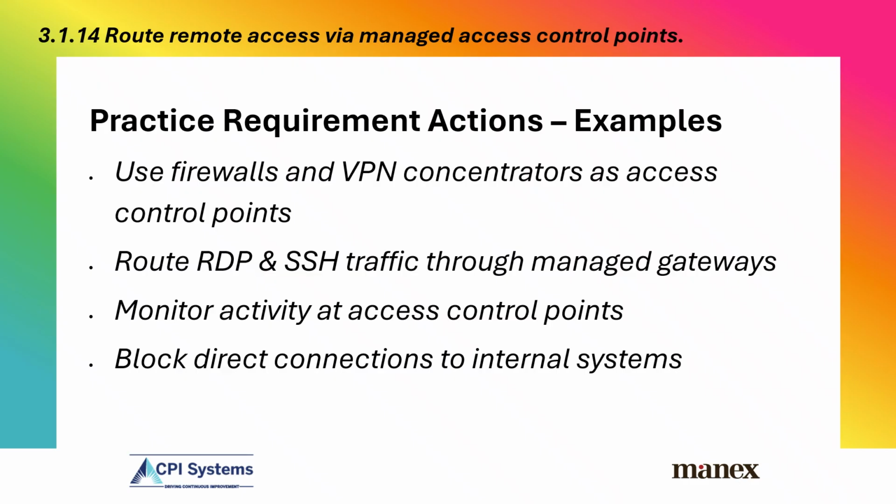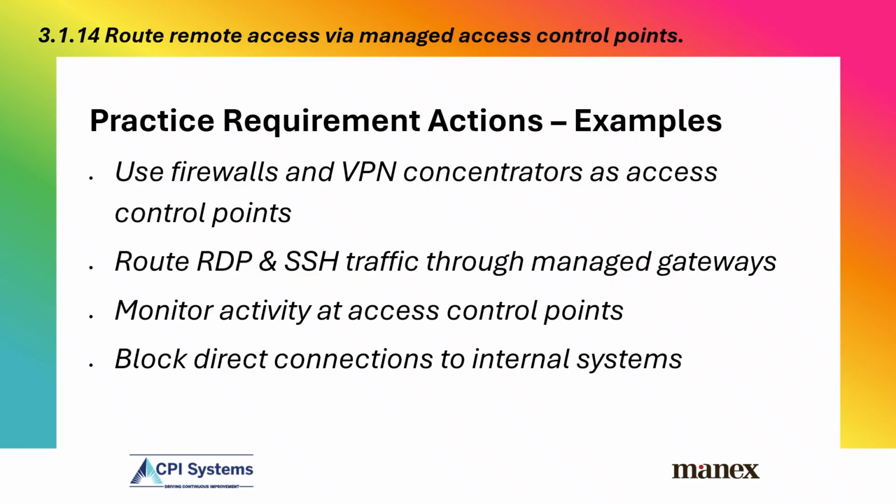Route remote desktop protocol, or RDP, and secure shell, or SSH, traffic through managed gateways. RDP and SSH are two different ways to access remote systems. RDP is primarily used to remotely control Windows-based machines and provide a graphical interface for managing servers and desktops.